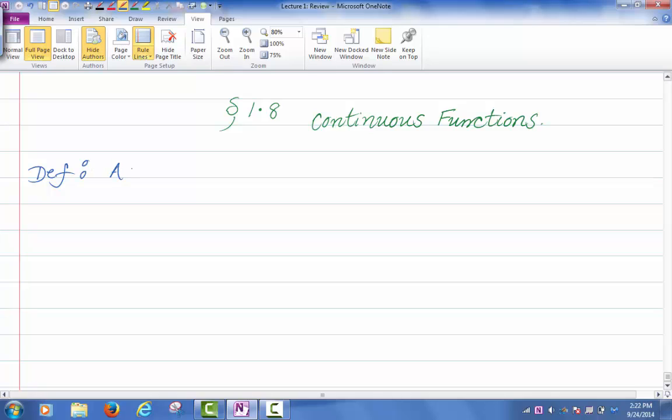A function f is continuous. So I am going to use CTS to mean continuous. A function f is continuous at a number a, if the following two properties are satisfied.